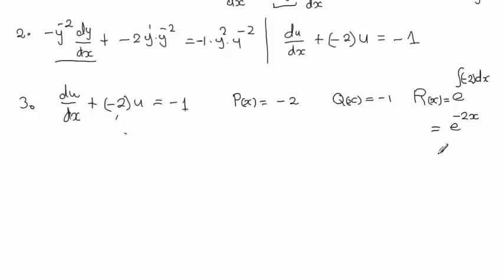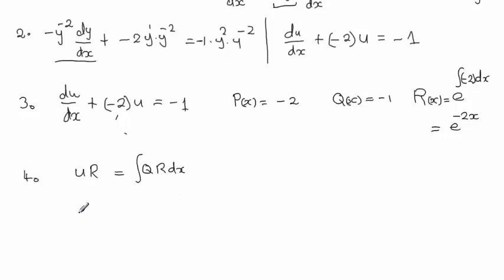Now remembering what we said about the solution of this equation, that will be step number 4. We said once we've got an integration factor, the role of y is played by u, multiplied by the integration factor, equals the integral of q multiplied by the integration factor.